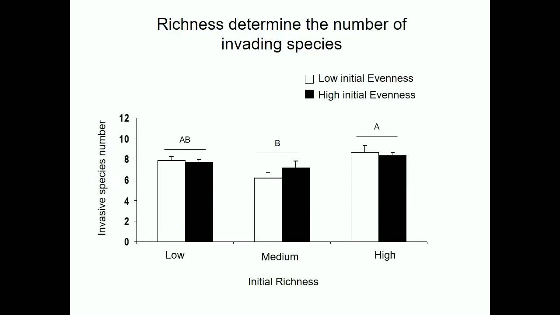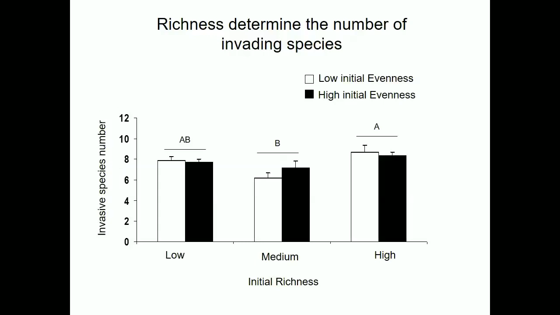And then we looked at number of invasive species settling in our communities. And we found that only richness mattered, not evenness. And we found the difference was between the high richness treatment and the medium treatment.